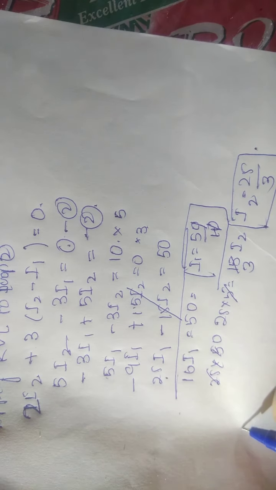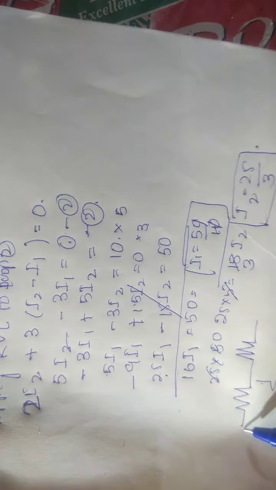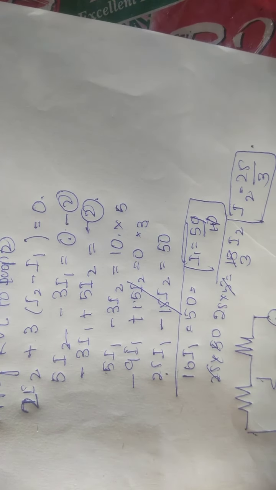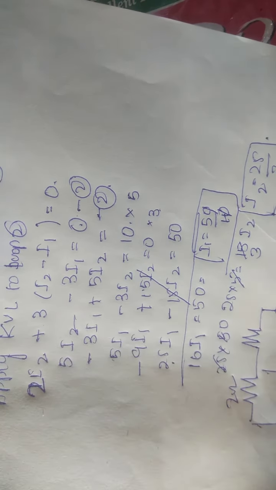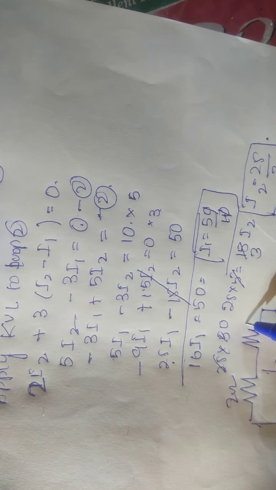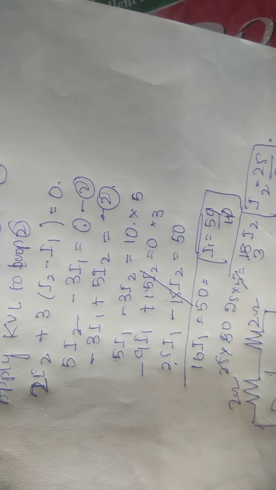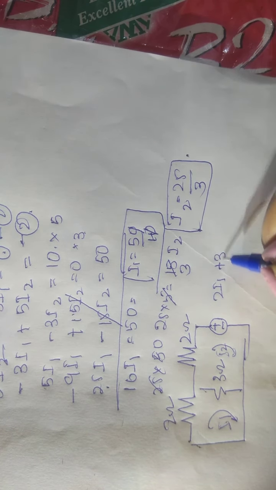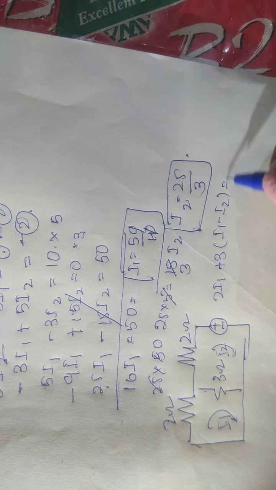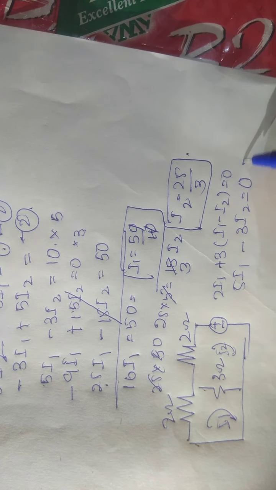Correct? Then we have to change the circuit. This is common. For this one it is positive and negative. This one is your 2 ohm, 3 ohm and 2 ohm. Right? We have to calculate I1 and I2. 2I1 plus 3, I1 minus I2 equals 0: 5I1 minus 3I2 equals 0, equation 1.